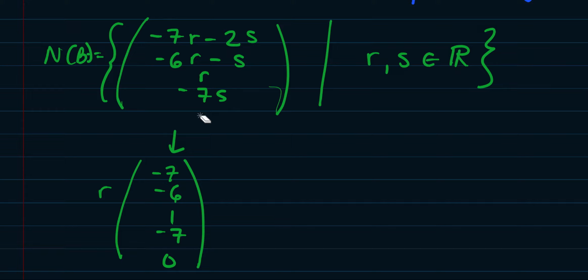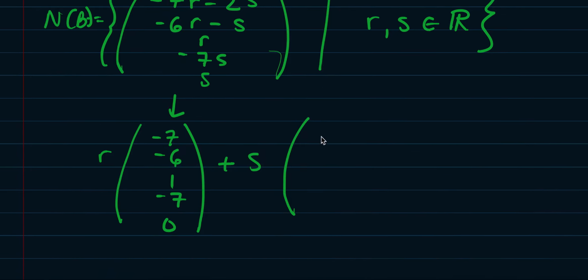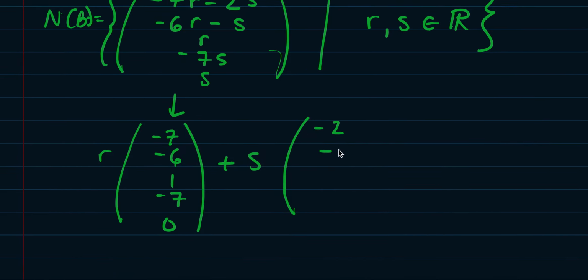It's kind of ugly, but let's make it look better. Plus S times -2, -1, 0. Oops, this is an S, so this should be a 0 here. -7, 1. Okay.